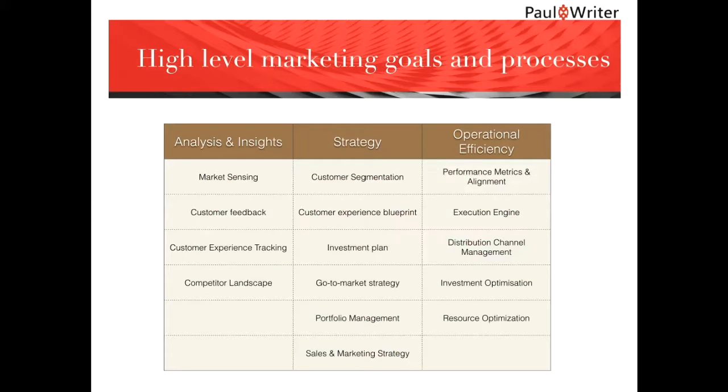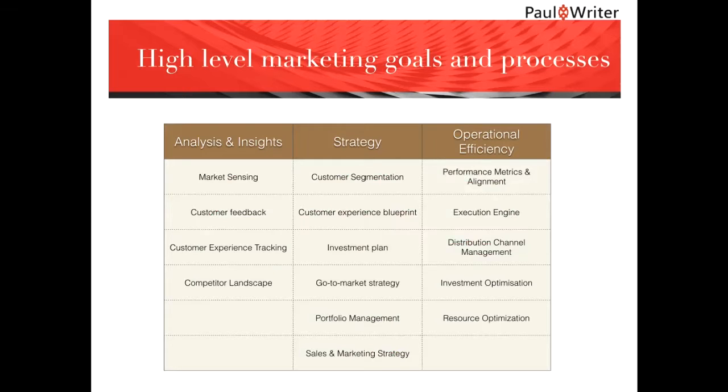So we talked about analysis and insights, then strategy and operational efficiency. If you look at analysis and insights, I have listed the basic activities within that space. Definitely there's market sensing, customer feedback, customer experience tracking, and the competitive landscape.